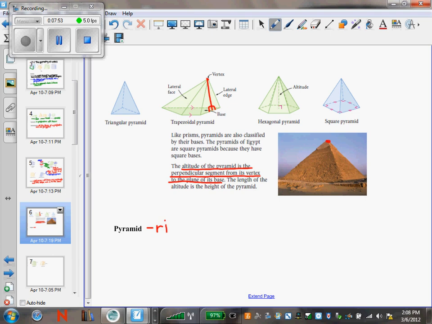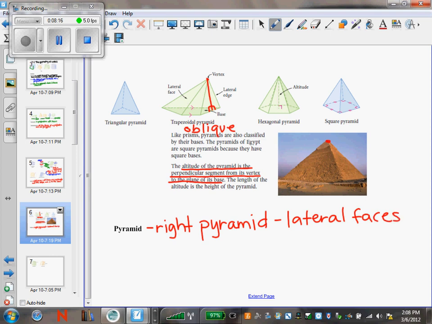In a pyramid, let's talk about a right pyramid, not oblique. So like this one is oblique. We are not going to study the oblique ones. We're going to look at the right pyramids. The lateral faces are triangular.